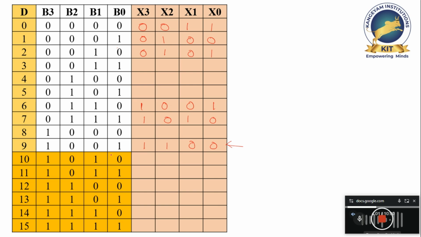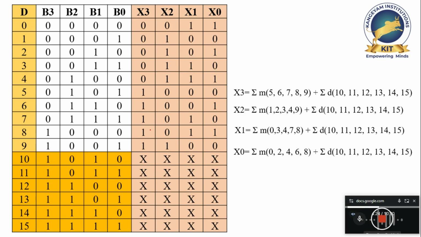What happens to the remaining inputs? What will happen if I give the remaining inputs? The remaining inputs will be considered as a don't care condition. All these remaining inputs will be considered as don't care conditions. So this is how we write the truth table for BCD to XS3. My final truth table will look like this.